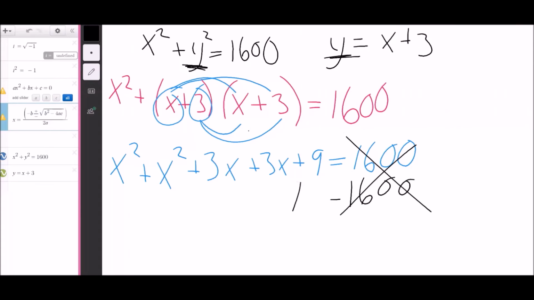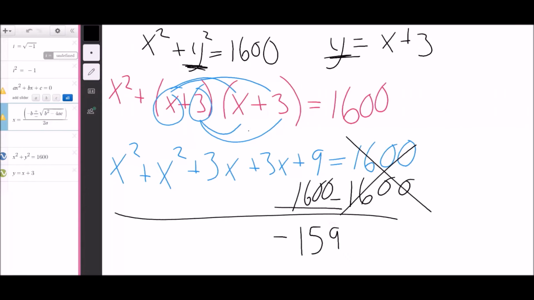It's going to go here, and it's going to equal negative 1,591. Then the whole equation is going to equal 0. And then you just combine all the like terms.